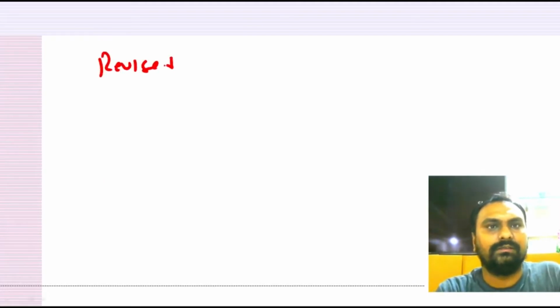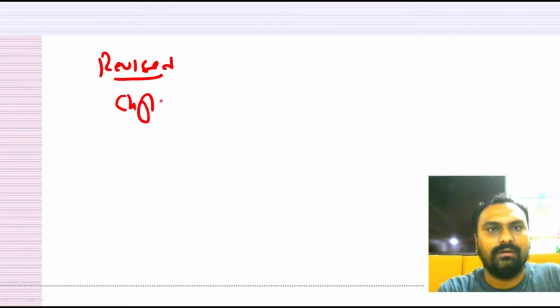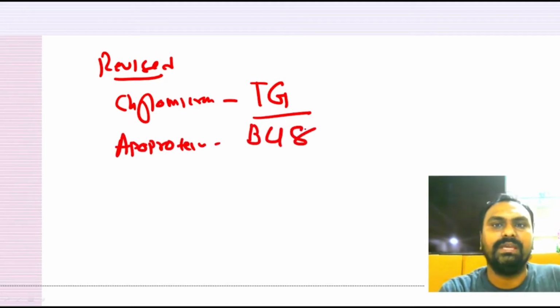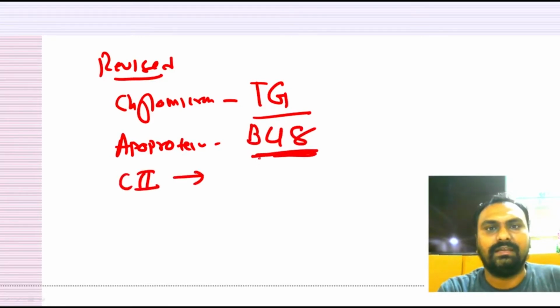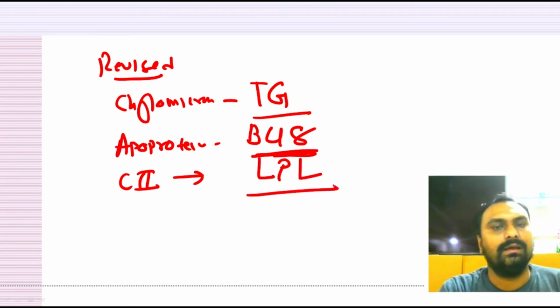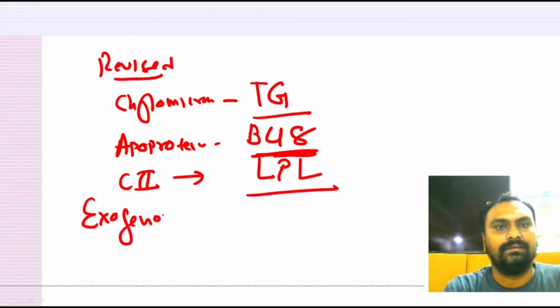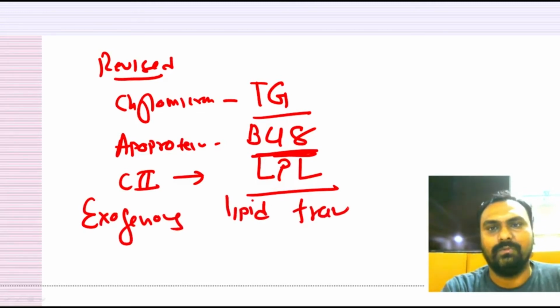If I revise in short, the major lipid present in chylomicron is triglyceride. The major apoprotein present in chylomicron is ApoB48. The role of ApoC2 is activation of lipoprotein lipase. And mainly, it plays a role in exogenous lipid transport.